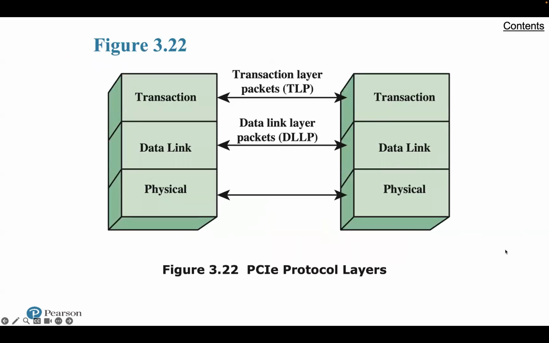Similar to QPI, we have layers here, but there are only three: the physical, the data link, and the transaction. This is what we see for the PCIe point-to-point interconnection. The physical layer consists of the actual wires carrying the signals, as well as the circuitry and logic to support ancillary features required in the transmission and receipt of the ones and zeros.